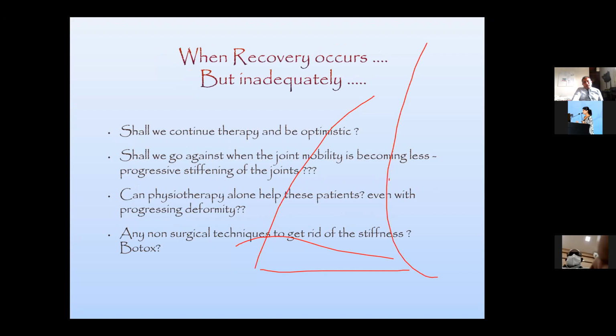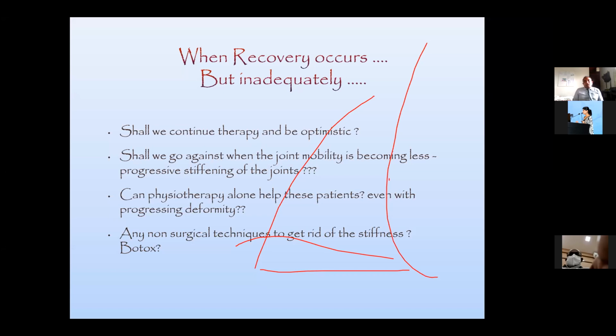When the recovery occurs but inadequately, the usual scenario in our country as well as in the world is that doctors are very optimistic about brachial plexus palsy and just continue to do therapy thinking that it will recover.